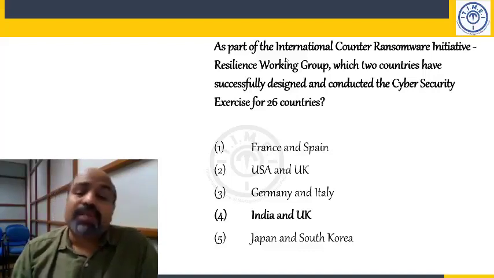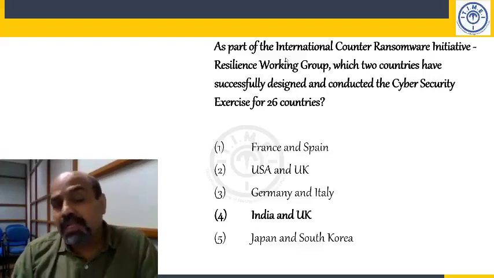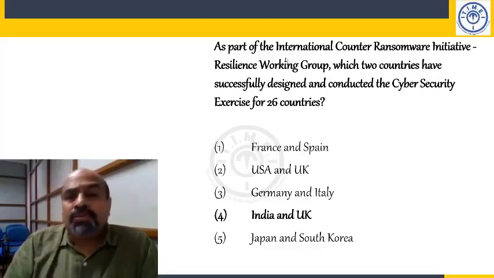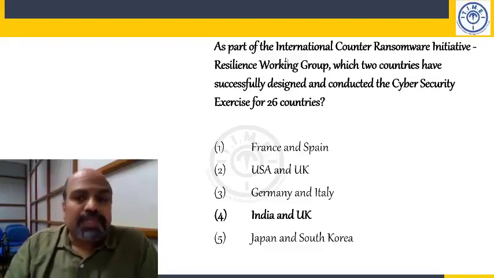So what if the Chinese launch a ransomware attack on these things? Denial of service, denial of access to the company owners or the system owners. So in such a case, how do we deal with it?